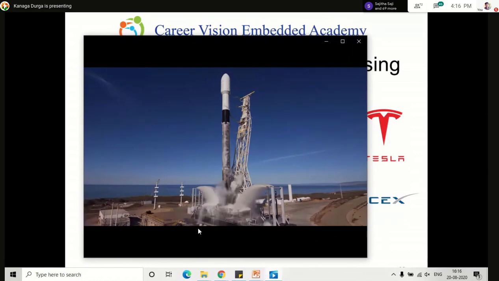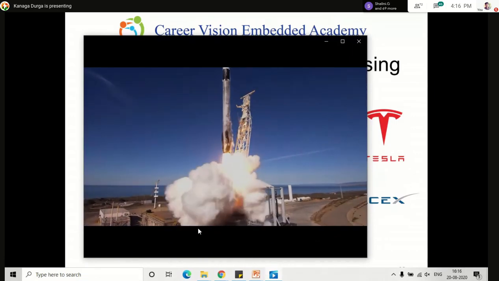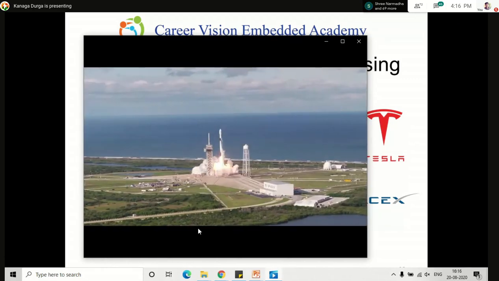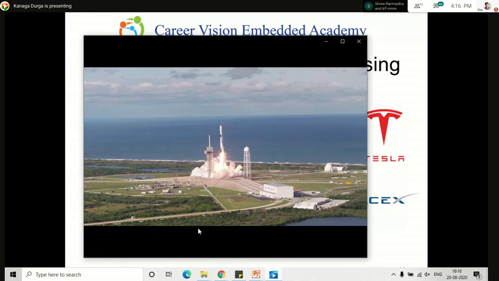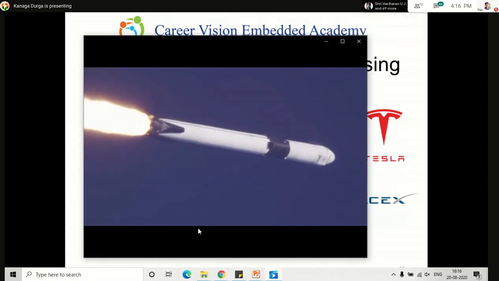So I'm playing it from the beginning. Rocket is launched into the space.